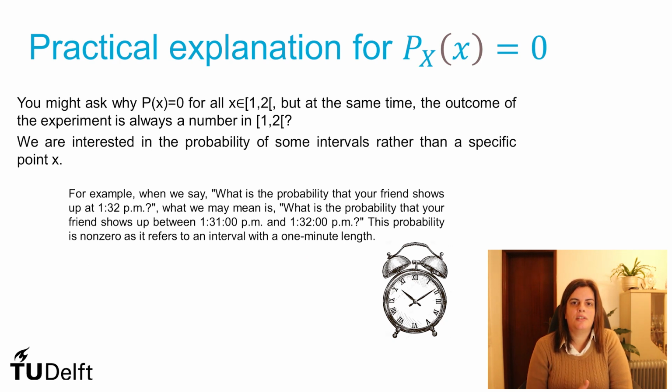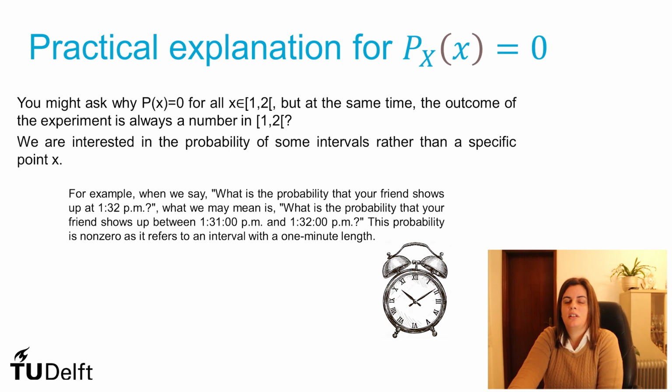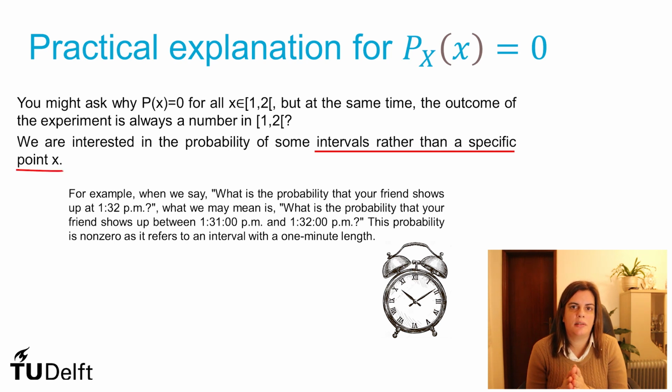So let's figure out, before we introduce the probability density function, why the probability that the random variable assumes a given number equals 0 for continuous variables. When we deal with continuous random variables, we are interested more in intervals than in given points of the interval.